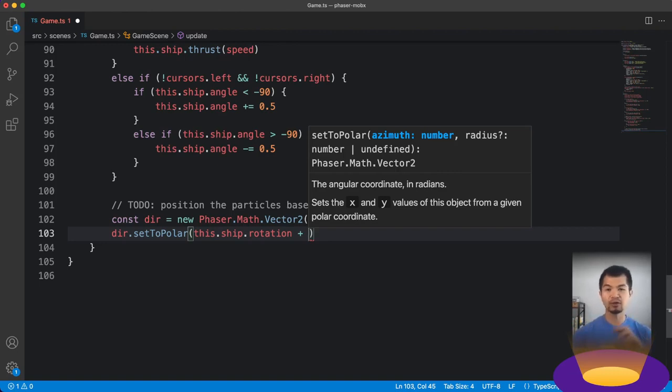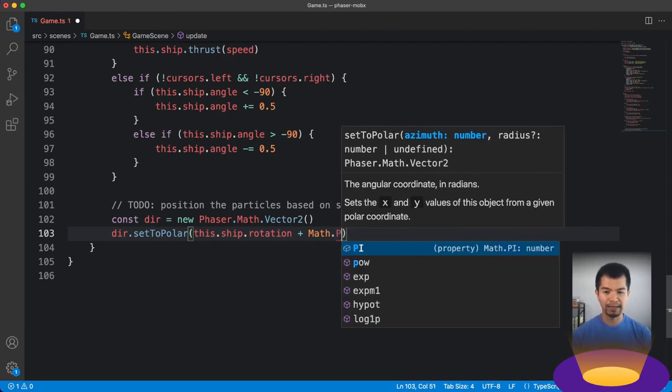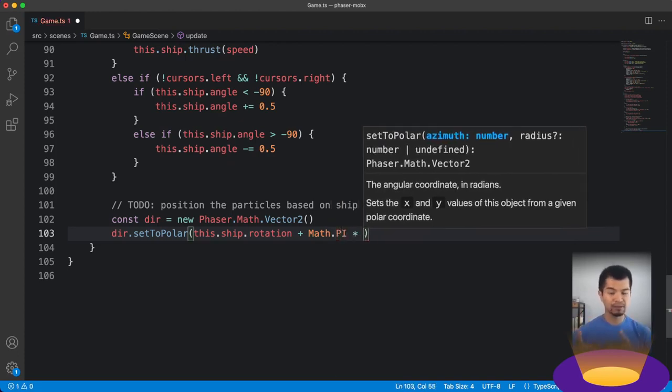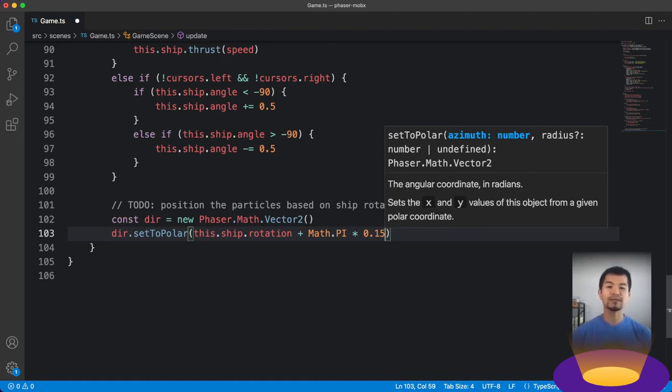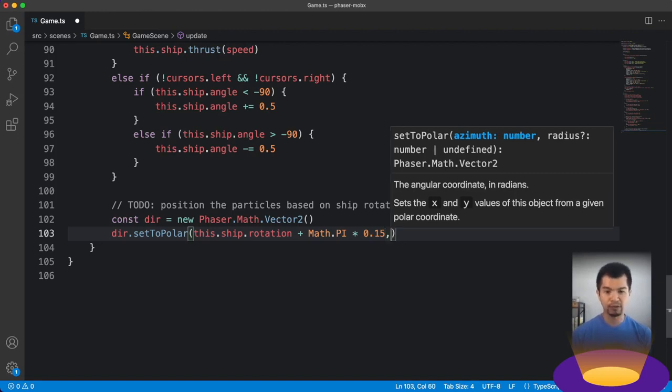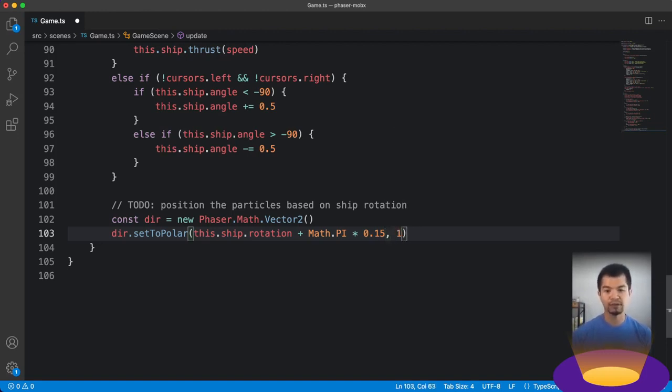So what we're going to do is say Math.PI times 0.15, which is going to be roughly 30 degrees, something like 27 or 29 degrees if you do a radians to degrees conversion. We're going to do that, and then we're going to scale this to 1, so that's the radius. So that is roughly 30 degrees from the rotation of our ship.